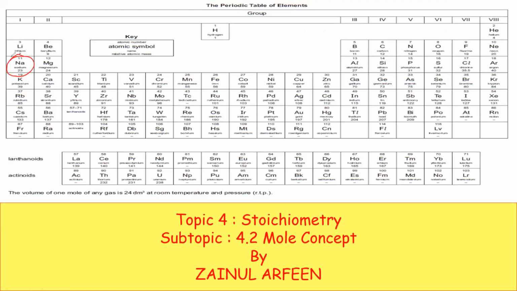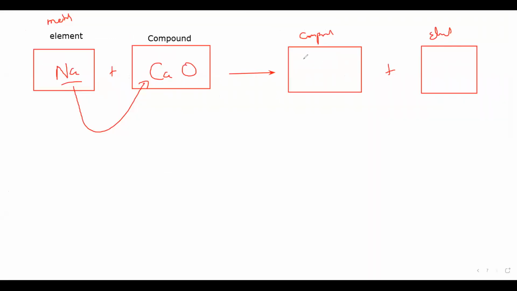Sodium is +1 and oxygen is -2. We cross multiply, so it will be Na2O. So the formula of sodium oxide will be Na2O and the element calcium will be Ca. This is how we complete it.